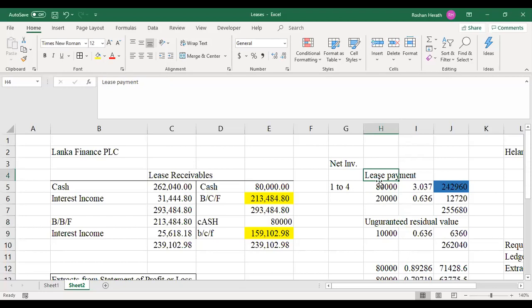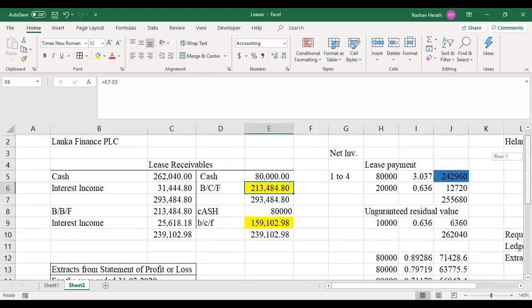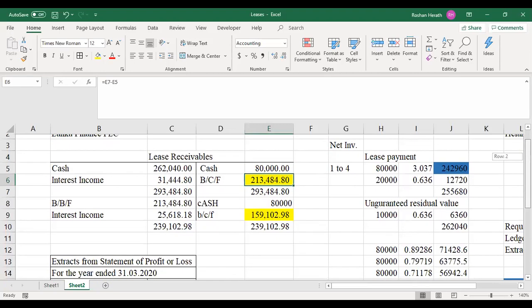You go for the lease payment first and get the present value, and you go for the unguaranteed residual value and get the present value. Simply add them, and that is your lease receivable. Interest income was taken based on the implicit interest rate. The cash, the installment was received, thereby the interest, thereby the lease receivable at the end of the period was identified.